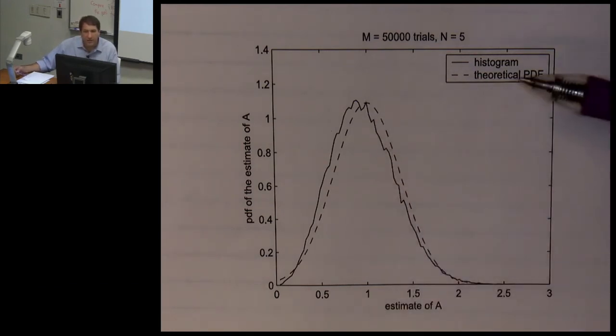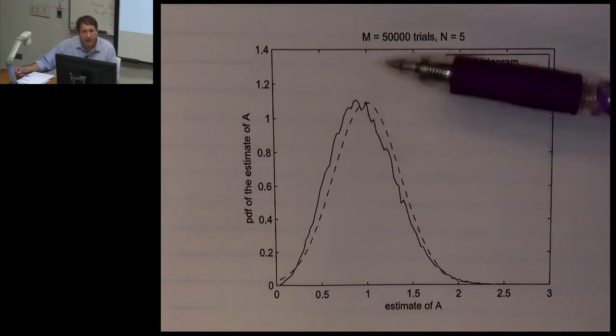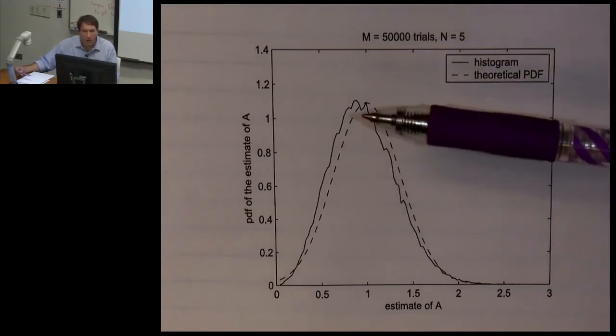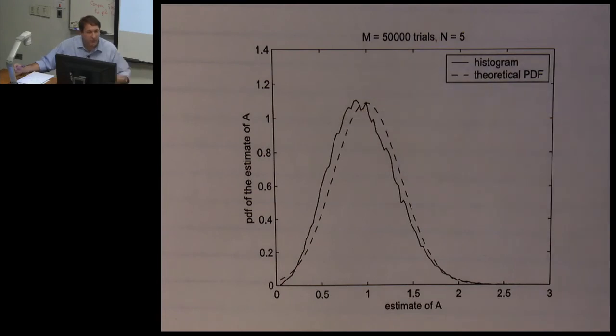What we see with the histogram, for this case with 50,000 samples, is that we have a bias. The estimated PDF is shifted to the left a little bit, but it's not that far off from Gaussian. So we have about a Gaussian distribution.